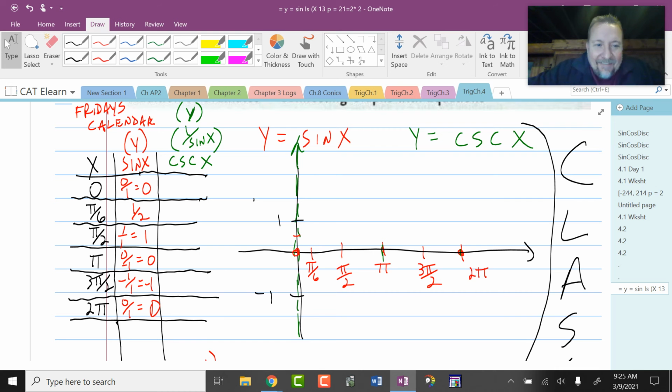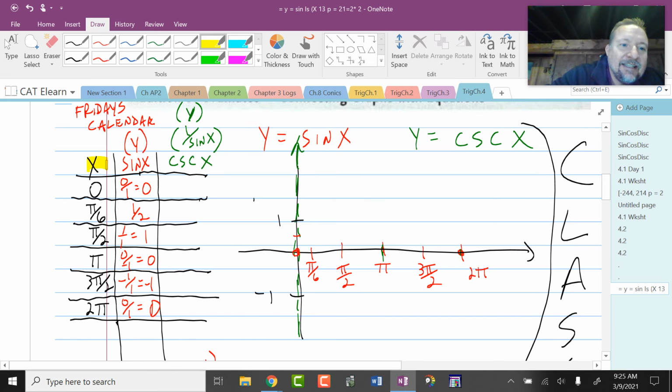Nice. All right. So y equals sine of x. Okay, here's what happens. And this is what I want you to understand. I'm going to highlight what you're looking at because I know it looks like a bunch of junk. This is the inputs, and then we're going to graph sine, the outputs. We already know how to graph sine. This is our input-output chart that we started the year.